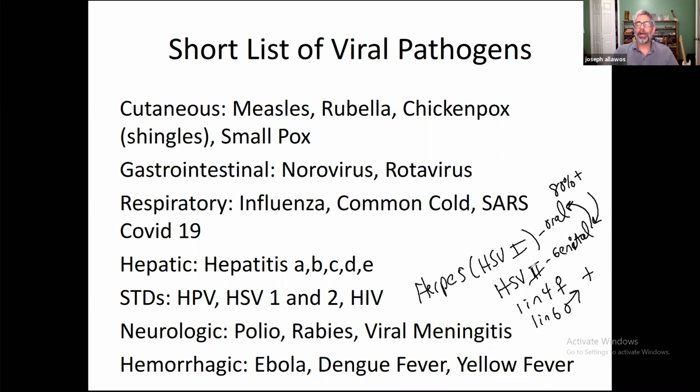A recent study just came out that showed that perhaps being exposed to dengue fever and having recovered from it might protect you some against COVID-19, because your immune system is recognizing some of the proteins on the COVID-19 virus based upon the dengue fever, even though they're very different. And then yellow fever is another hemorrhagic virus.